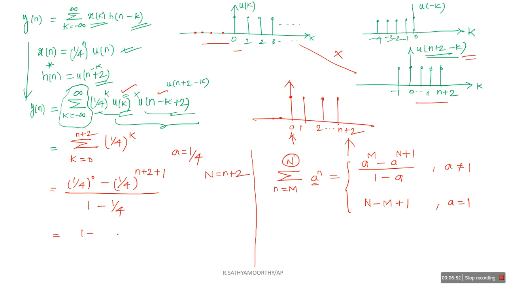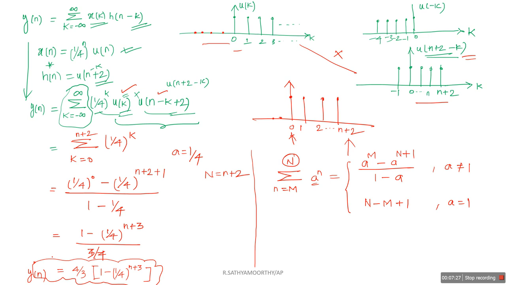So now the answer is 1 minus (1/4)^(n plus 3), divided by 3/4. Therefore y of n equals 4/3 multiplied by 1 minus (1/4)^(n plus 3). This is the answer for the convolution sum. Clear? Thanks.